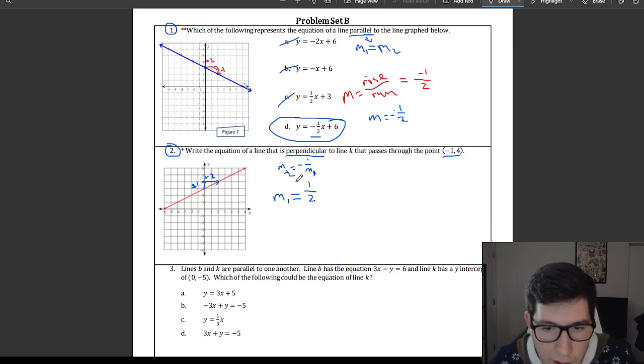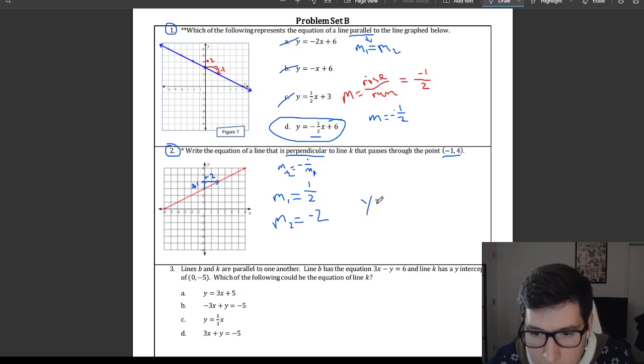And from here, I'm going to take the reciprocal of this. The reciprocal of 1/2 is going to be 2. And then take the opposite of that. So I'm going to have negative 2 as the slope of my second line. And so once I have that and my point, I'm good to go ahead and create this.